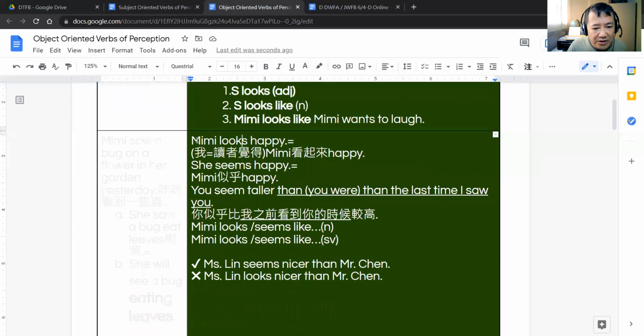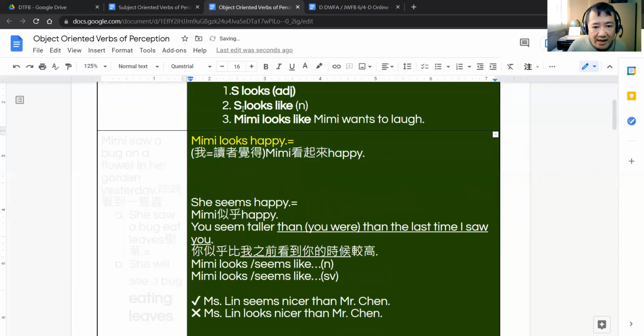All right, so the first one, Mimi looks happy, okay? Right, we did that already, right? And it means this in Chinese. You can read it. I won't read it, but you can read that, okay? That's what it means. All right, Mimi looks happy. Again, we can copy these examples. I can say Mimi looks like a happy person. Mimi looks like, and then a noun.